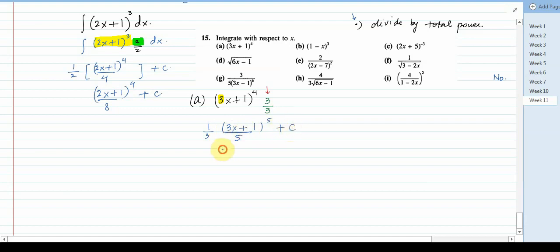So the final answer is (3x plus 1) to the power 5 divided by 15, plus c. Alright, I hope that it is clear to you.